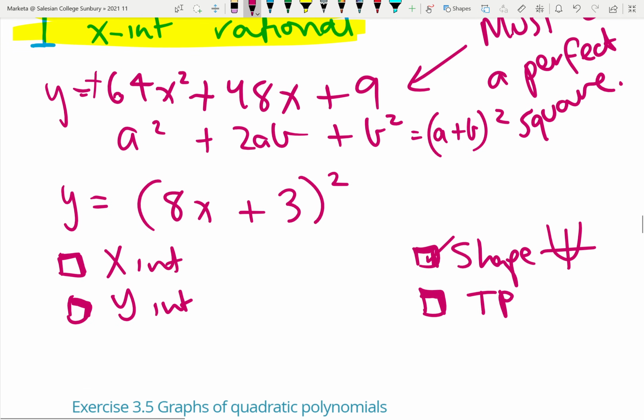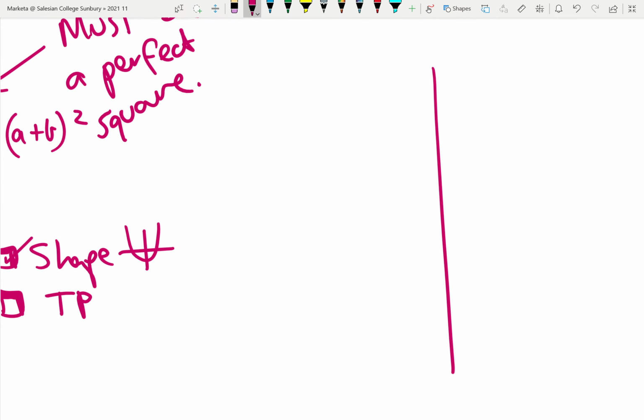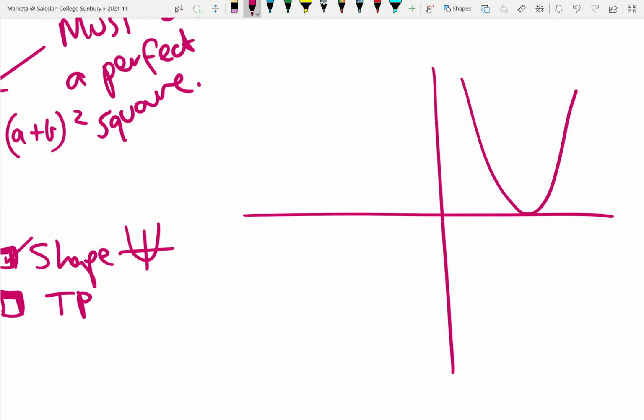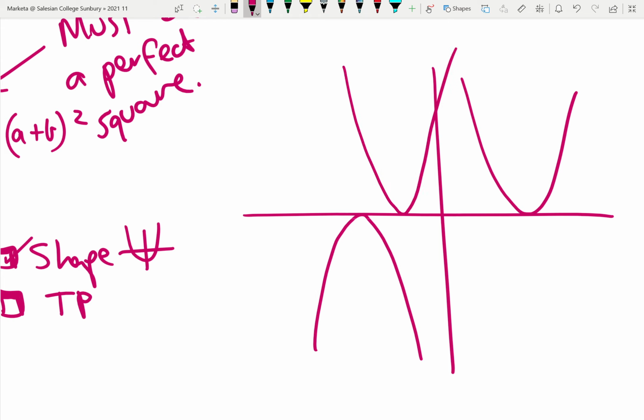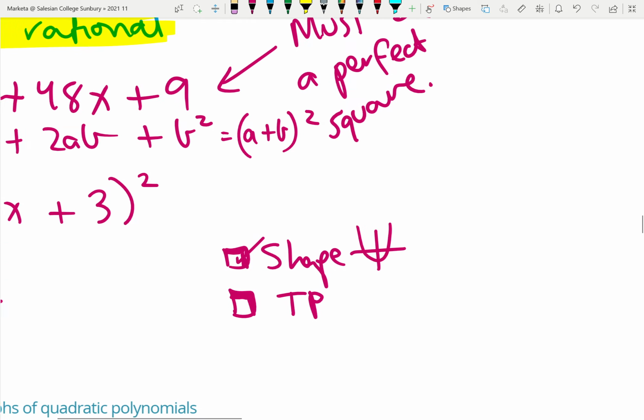So our x-intercept is going to be the turning point. So the graph will look something like this. If there's one solution, it's got to just touch the x-axis there. That's our one solution. And notice that it would just be one of those. I'm just showing all the different possibilities we could have.